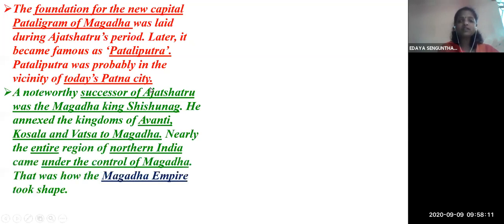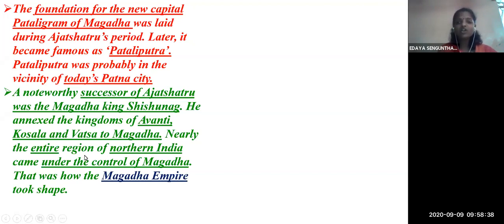A noteworthy successor of Ajatashatru, meaning King Bimbisara's son Ajatashatru, and after Ajatashatru, his son Shishunag became the king of Magadha. Remember the three names: Bimbisara, his son Ajatashatru, and Ajatashatru's son Shishunag. He annexed the kingdoms of Avanti, Kosala and Vatsa to Magadha.